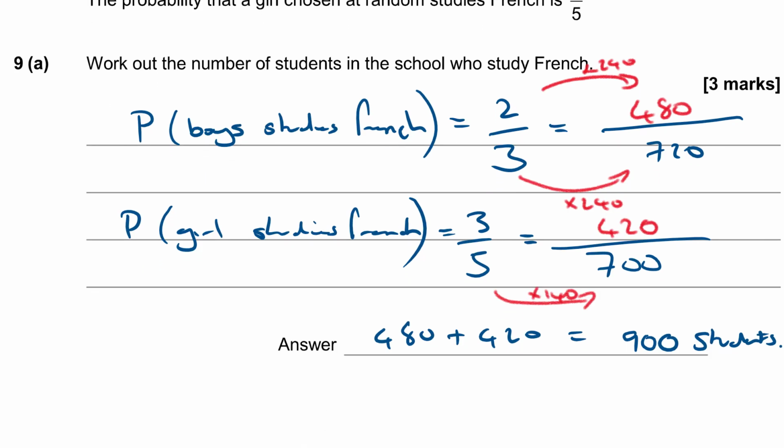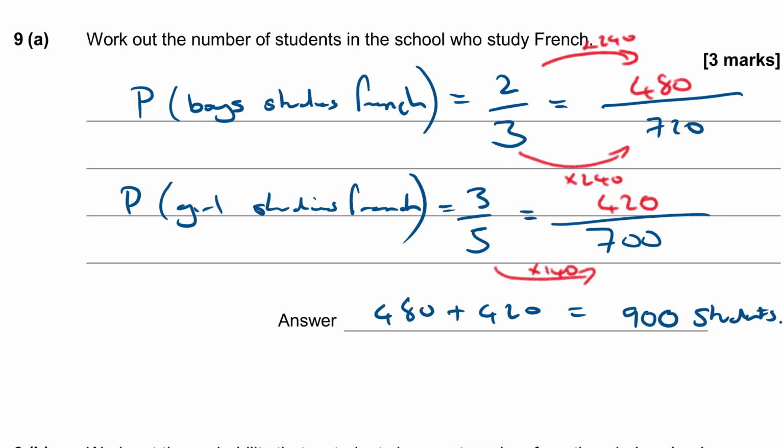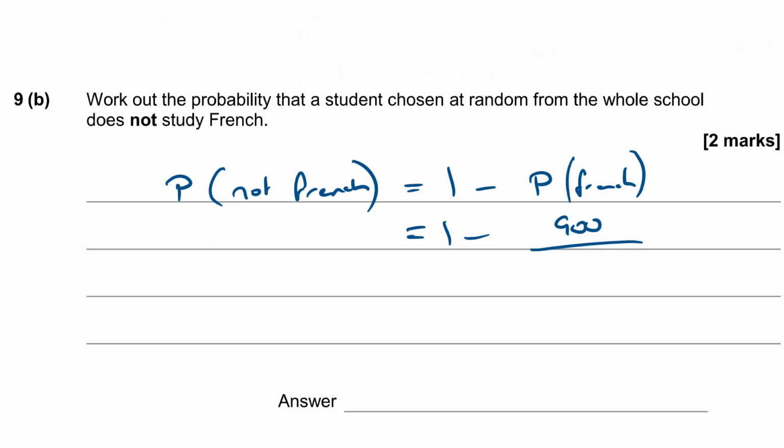720 plus 700 students altogether, so that's 1420. So that must be 520 over 1420, just subtracting that fraction from 1. That is a probability.